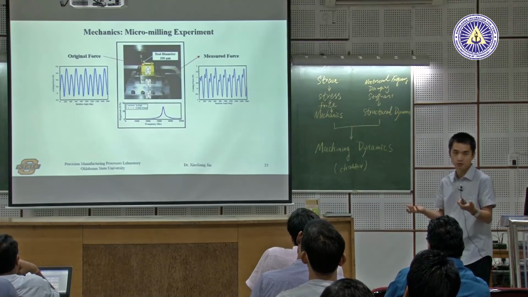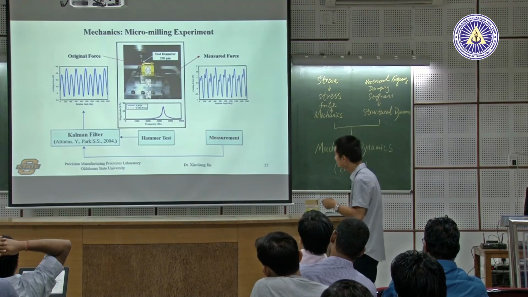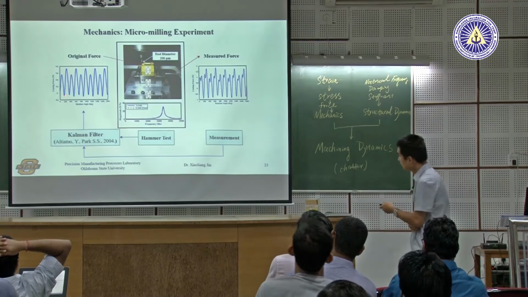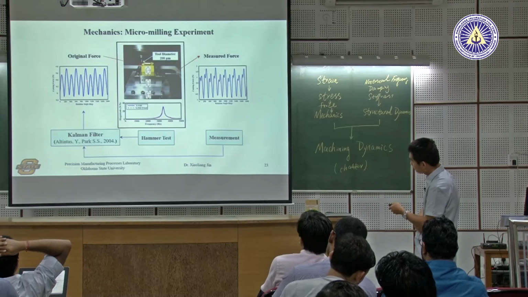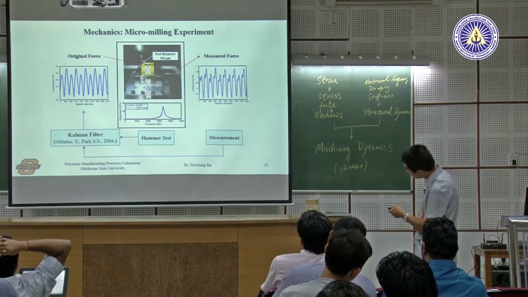That's because this measurement system can always be approximated by several spring-damper systems. It has its own dynamic limitation. So that's the main problem. Normally, let's say here is the actual cutting force, a little bit not clear, but let's say it ranges from negative 0.2 to 0.8 Newton.